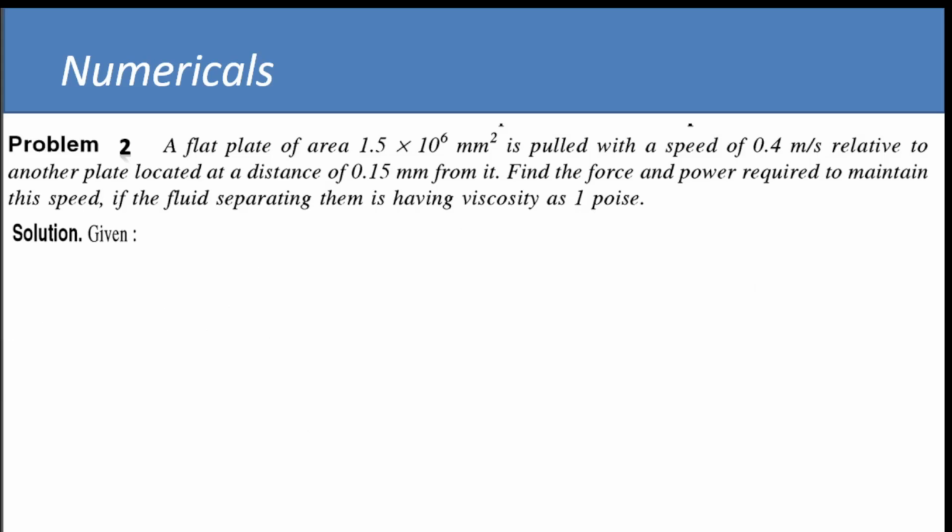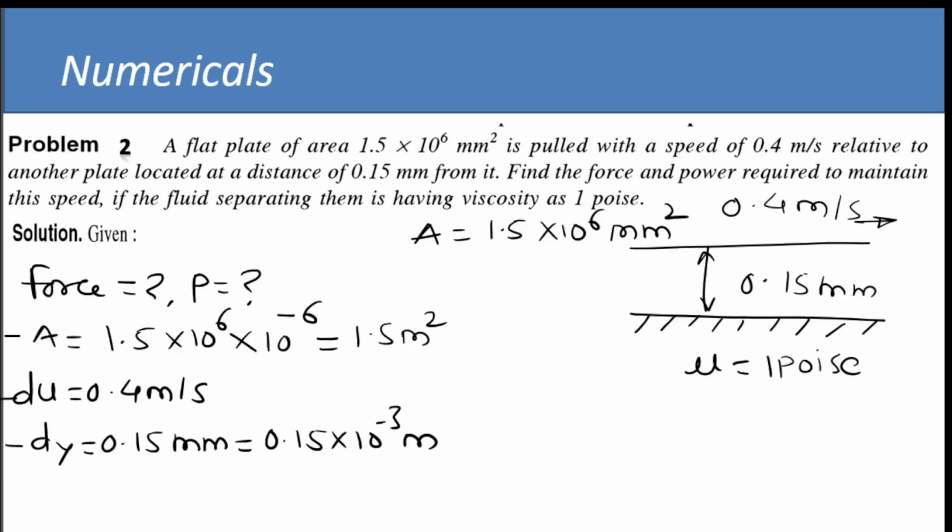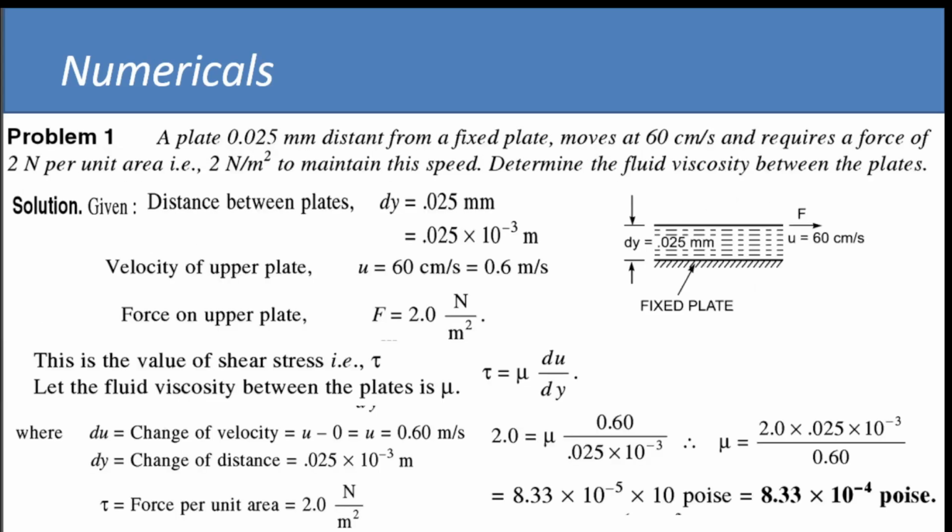Now what we'll do, we'll find out the stress. Stress is equal to mu into du by dy. So what we have, okay, the unit of mu is 1 poise. So we need to convert it into our regular unit of Newton.